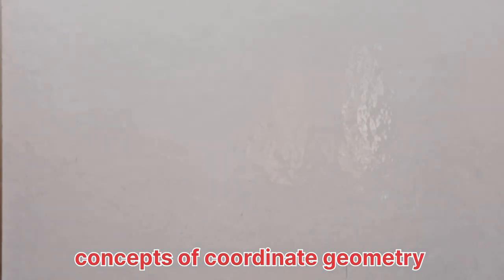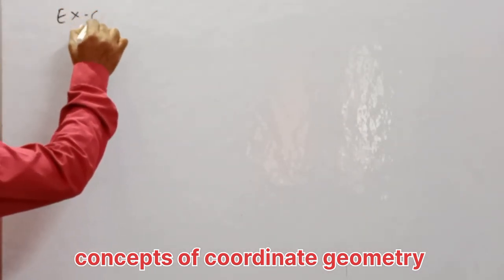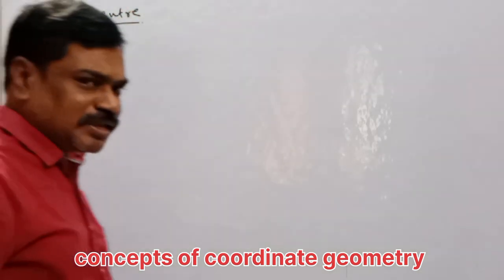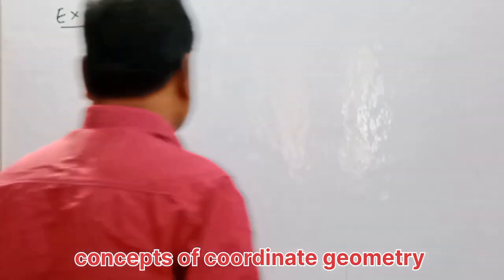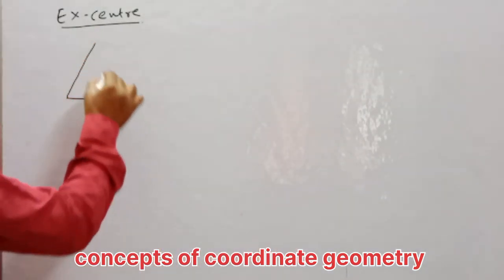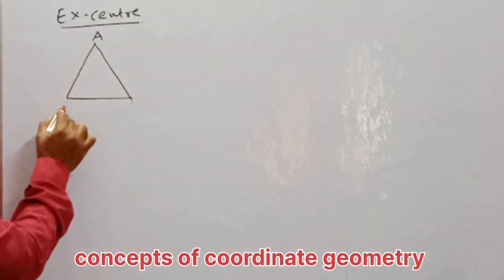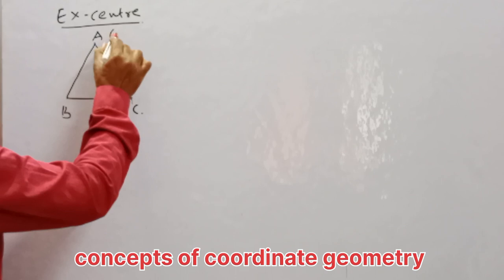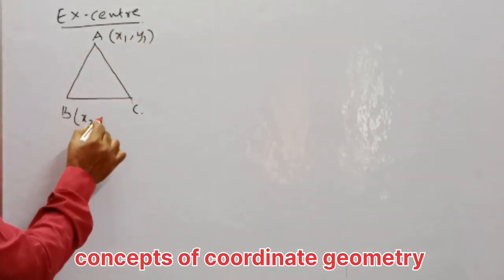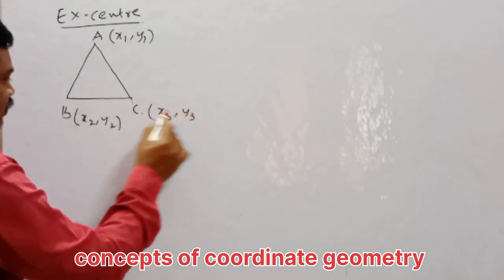What is the excenter? How to calculate the excenter of the triangle? You see, all of you, here this is the triangle ABC. Here A has coordinates x1, y1, B has coordinates x2, y2, and C has coordinates x3, y3.